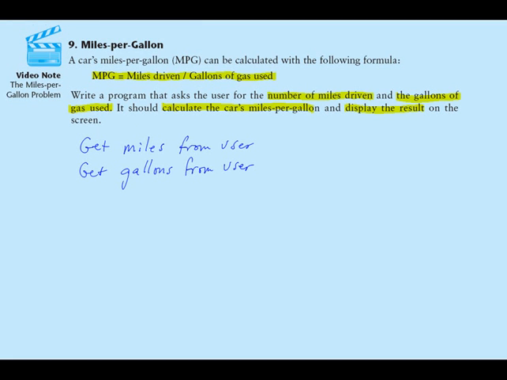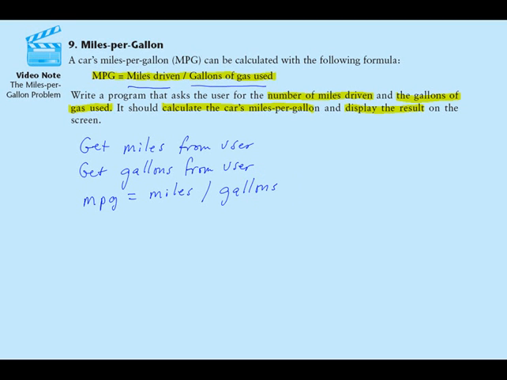And now that we've got those two pieces of data, those are the only two pieces of data that we need to perform the calculation: miles driven and gallons of gas used. So let's perform the calculation. MPG equal miles divided by gallons.